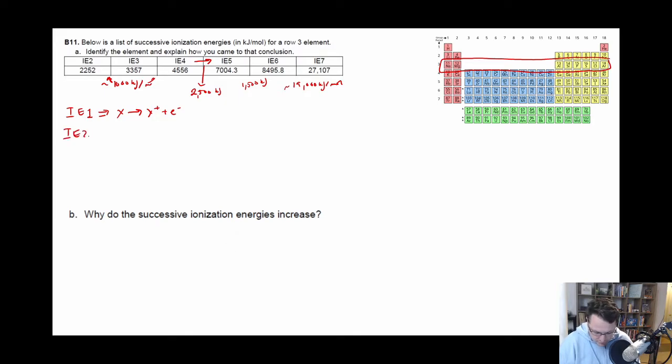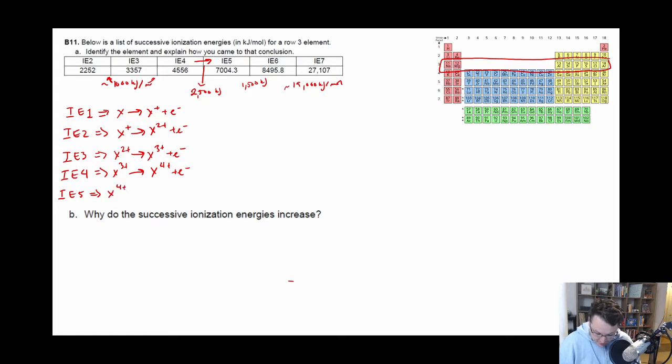IE2 is now X+ releasing an electron to form X2+ and an electron. IE3 is X2+ to form X3+ and an electron. IE4 is X3+ to form X4+ and release an electron. IE5 is X4+ forming X5+ and an electron, right?